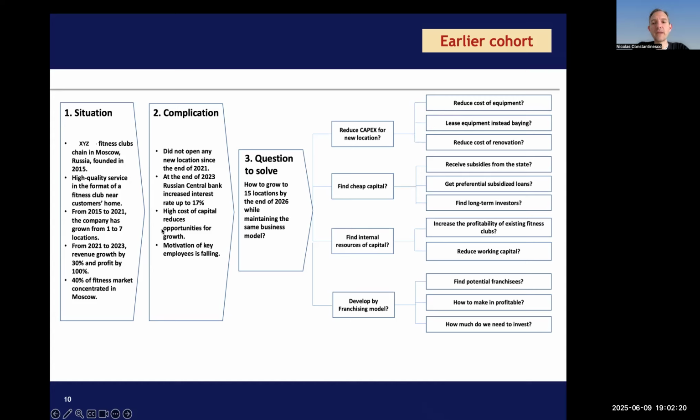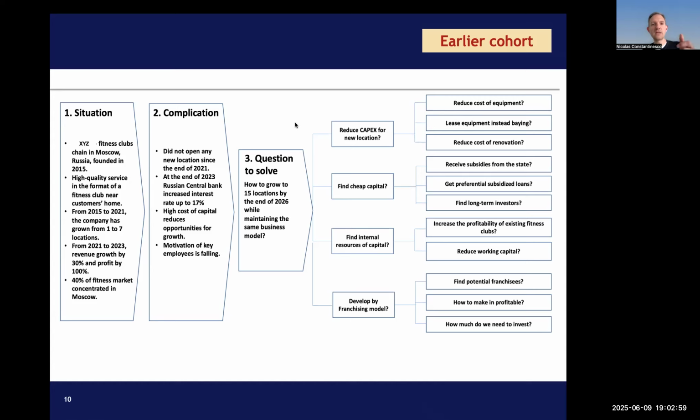There is potentially a fifth box to add in level 1, around some kind of restructuring of existing debt, if there is some existing debt. Then the breakdown of the first box, reduce capex for new location. I think it's good stuff in there. It's very good, actually, all nice and clean.